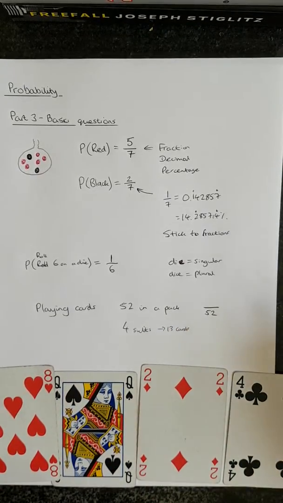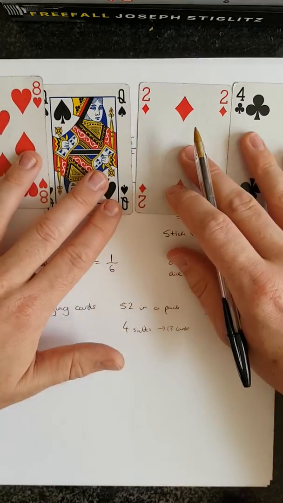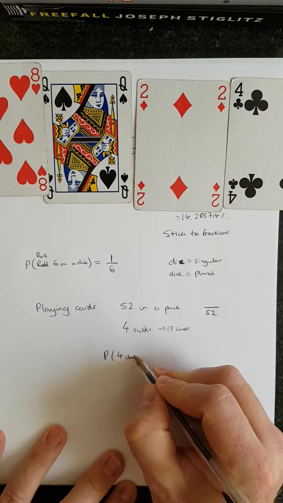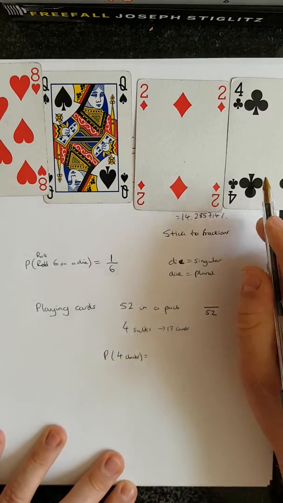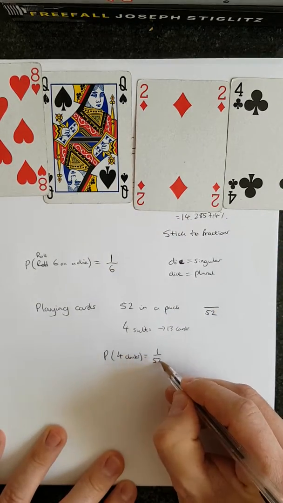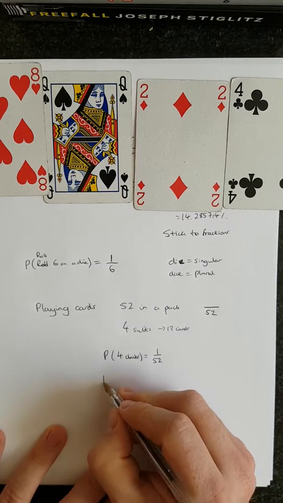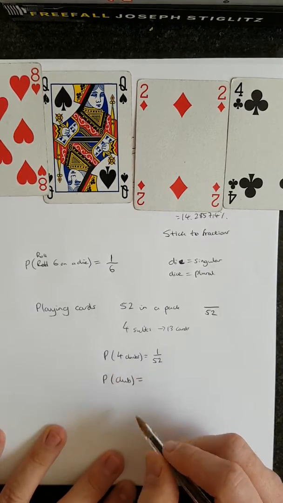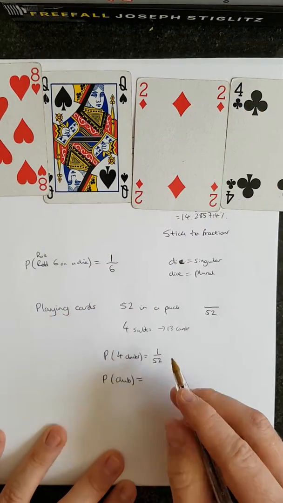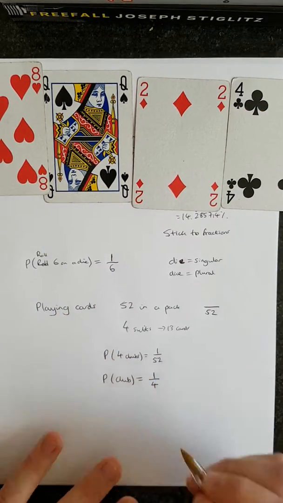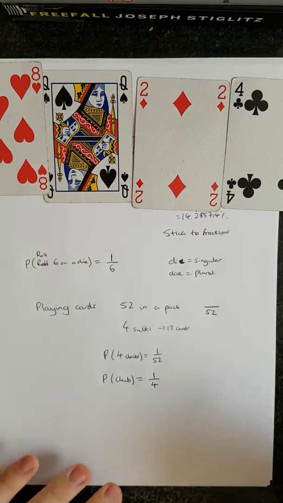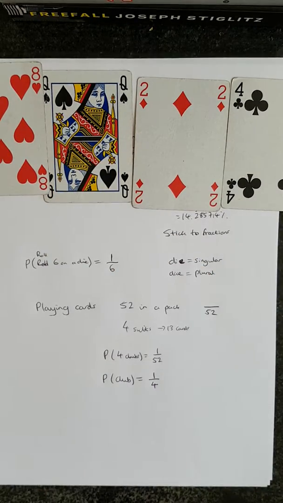So if I said what is the probability of picking out the 4 of clubs, well, that's 1 out of the whole pack, so that's 1 of 52. If I said what's the probability of picking a club, you'd say that's 1 out of 4 suits. Now, each suit contains the same cards.